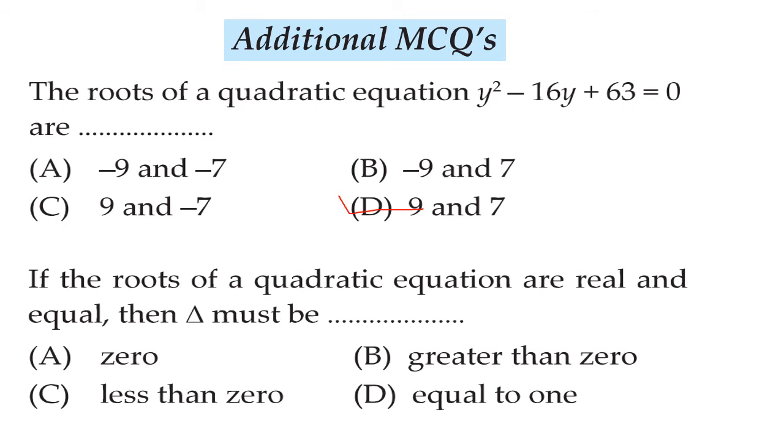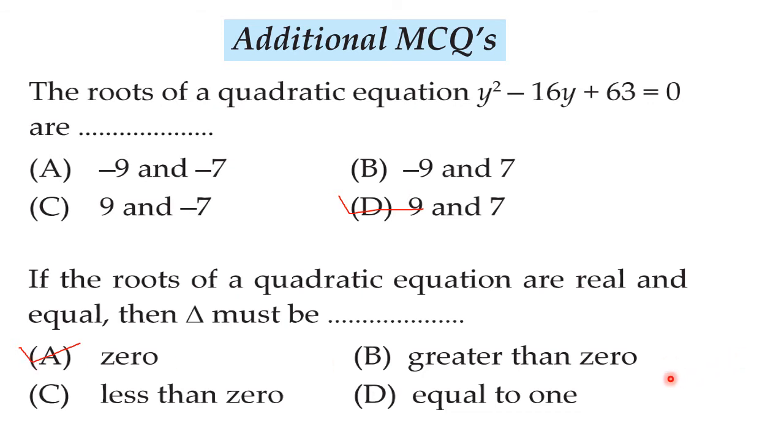If 0, then the roots are real and equal. So here the answer is, delta must be 0. If negative, then no real roots. So that particular topic you need to recall.